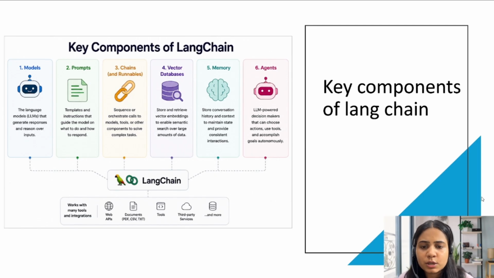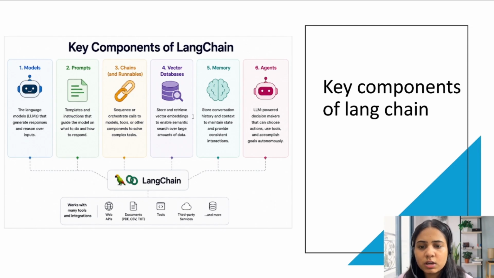Same way a simple sequential chain works. Each step will have different tools, models, prompts or parameters. It's not like all operations have the same input and output. Each step will have different input and different output. So here it's mentioned: sequence or orchestrate calls to models, tools, or other components to solve a complex task.